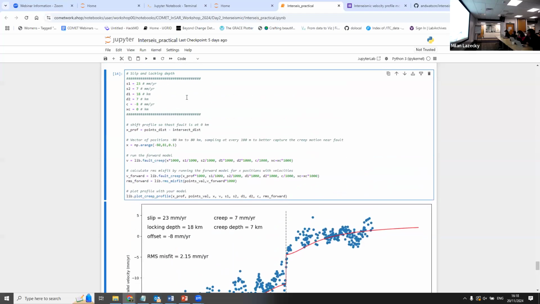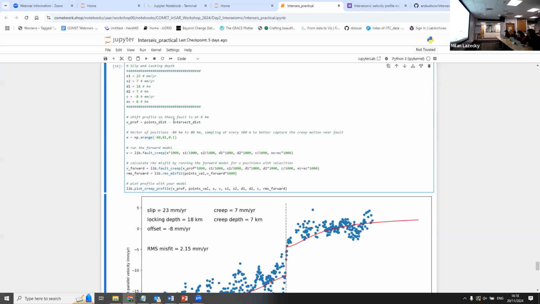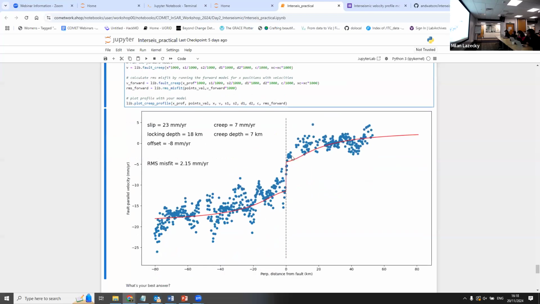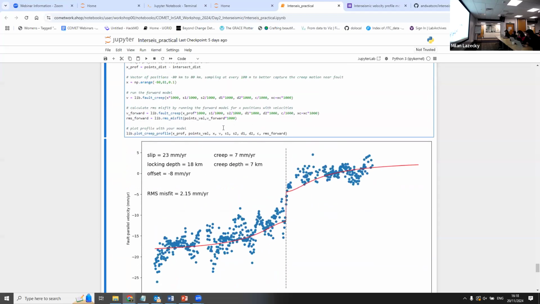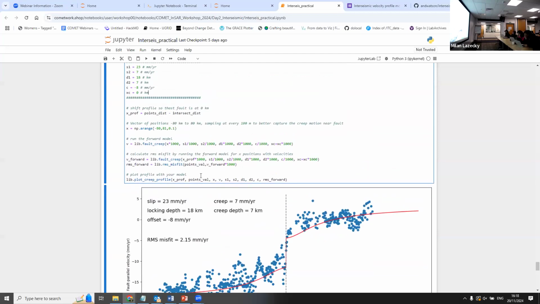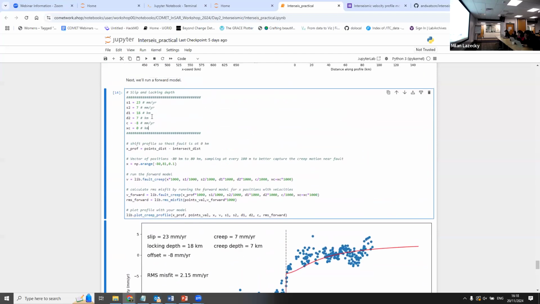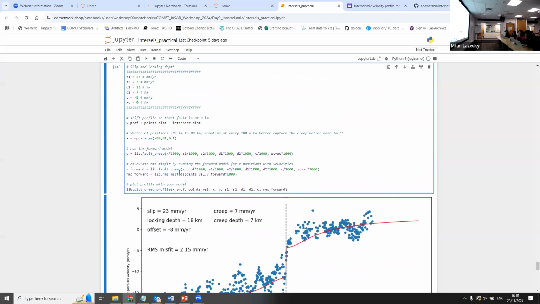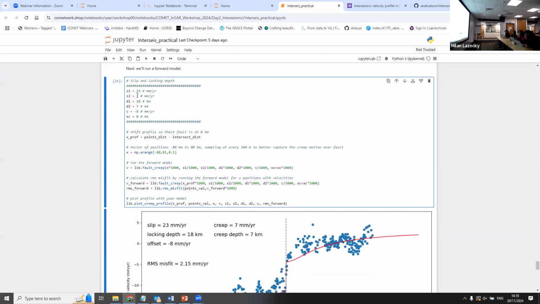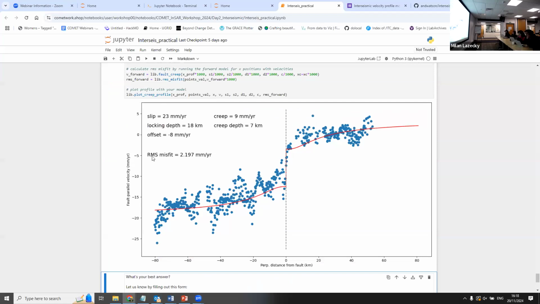You can play with these parameters manually. For example, the creeping rate may be a little bit small in this case, so you can make it a little larger. Maybe 7, 8, 9. Now how about 9?